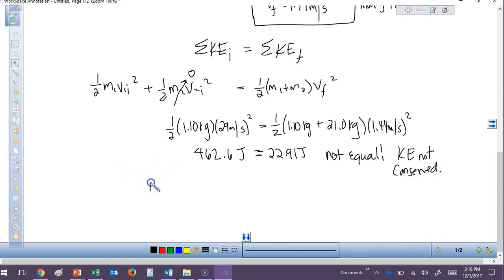In fact, let's just find the change in kinetic energy to see it. So KEF minus KEI would be KEF, which is 22.91 joules, minus 462.6 joules.